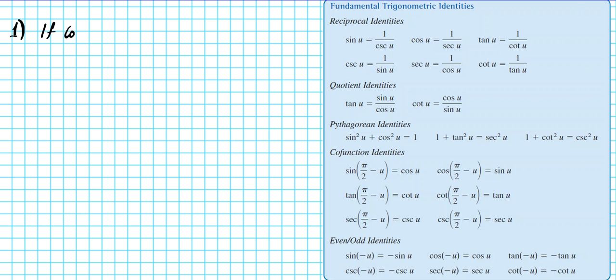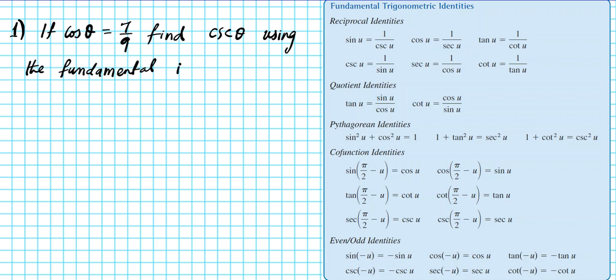So if cosine theta is equal to 7 over 9, the task is to find what cosecant theta is using the fundamental identities, where theta is in quadrant 2.